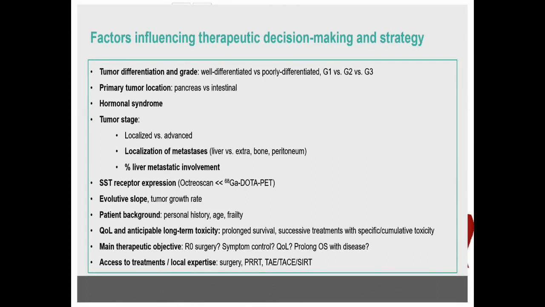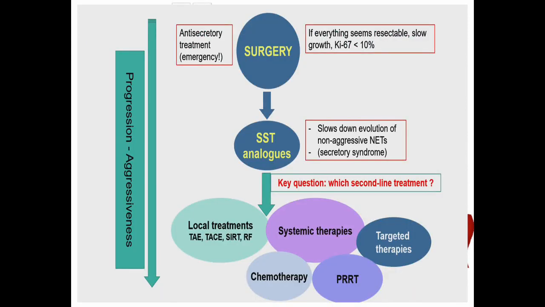Surgery, is PRRT, peptide receptor radionuclide treatment, available? This is very important. Do you have access to TAE, transarterial embolization, chemoembolization, or spheres, SIRT? Of course, all treatments are not available everywhere.